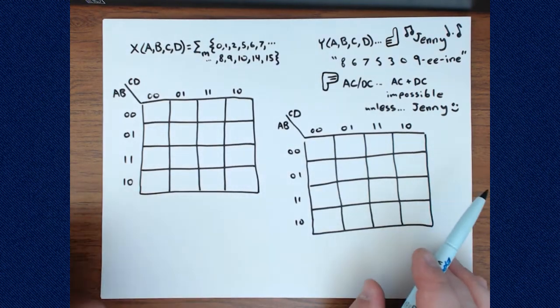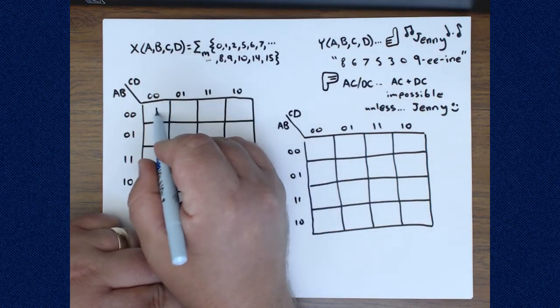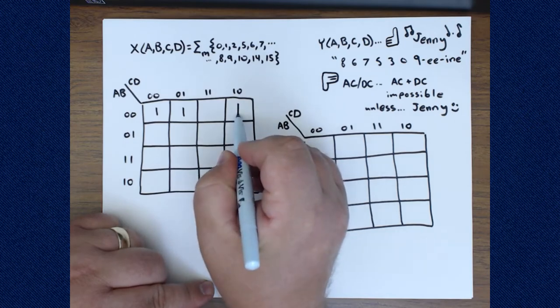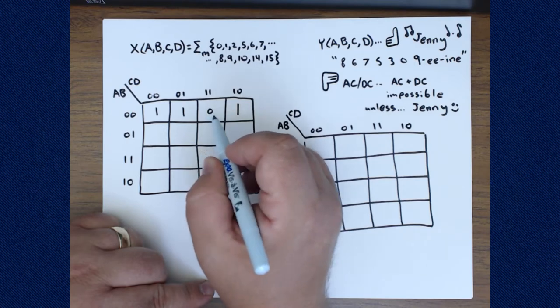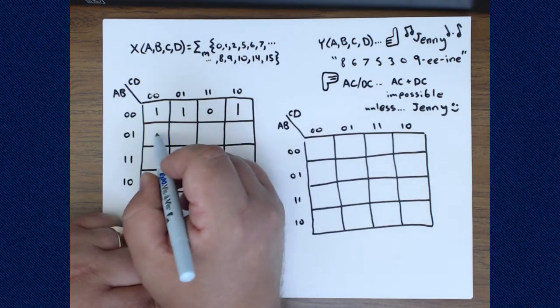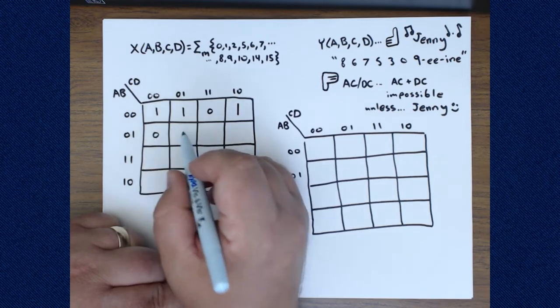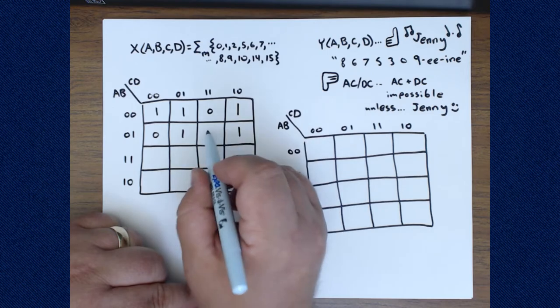All right, so let's fill in these numbers with 1s. I need 0, that's here. Here's cell 0, 1, skip over to 2, we need a 1 there. Come back to 3. We don't have that up here, so we'll put a 0. 4 is here, doesn't show up in my expression, so I'll put a 0. 5 is here, so we get a 1. Skip over to 6, come back to 7.